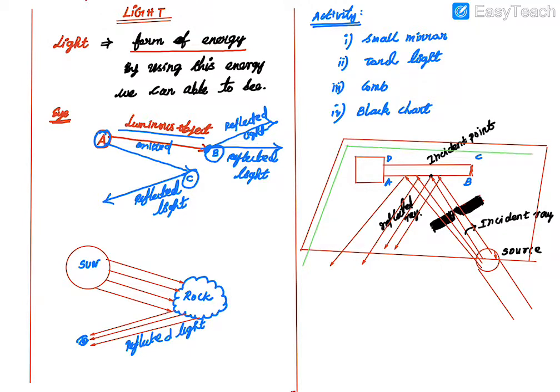I just put one white color or any other chart. If you see the activity in your book, you can understand. So this is the edge.